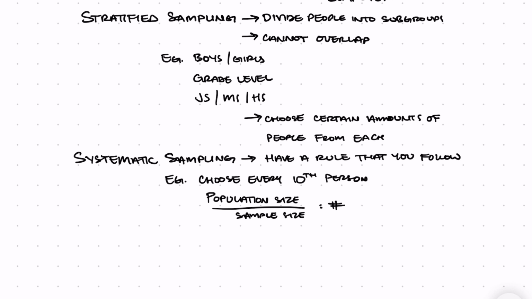Usually that number would be the number that you use to decide which person you would choose. So let's say the population is 500 for SPH, and for the sample size I want to have 25 people. Then I would see that this is 20. So that means every 20th person.